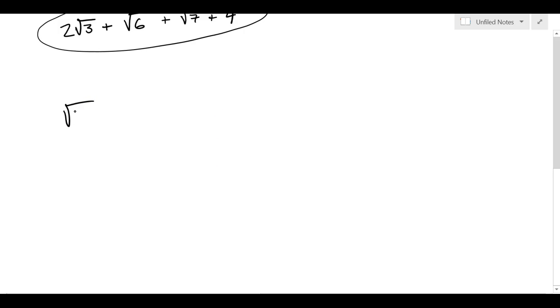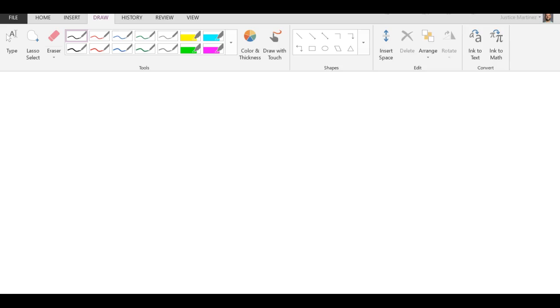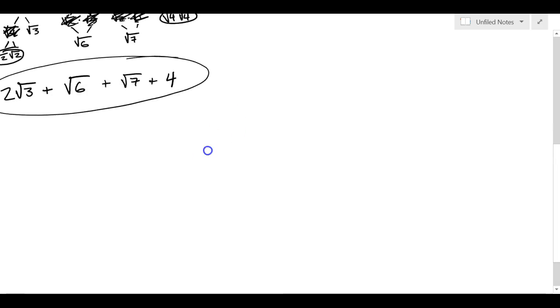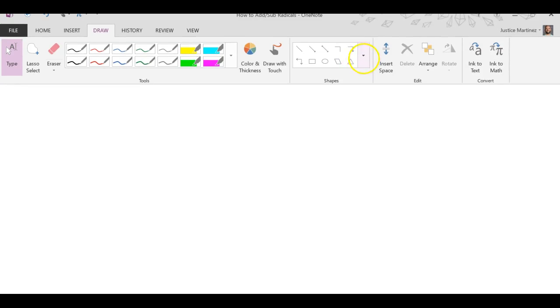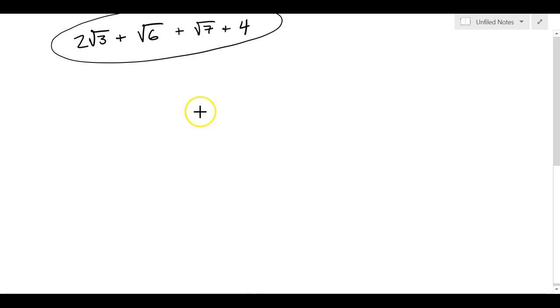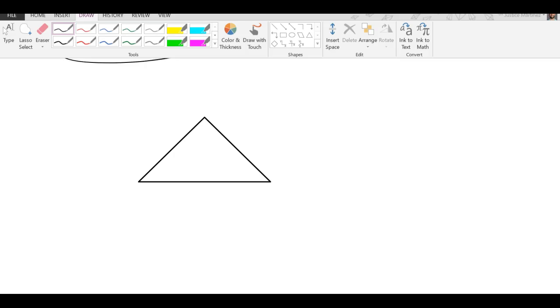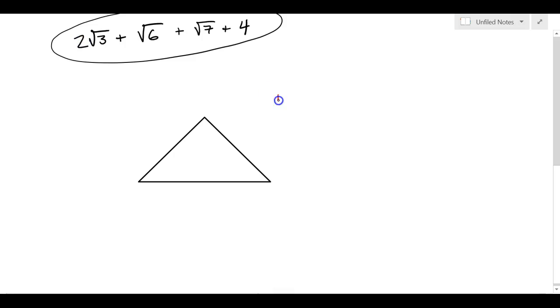Let's say they gave us a triangle. Say they give us a triangle, and on this triangle, we'll say not to scale.